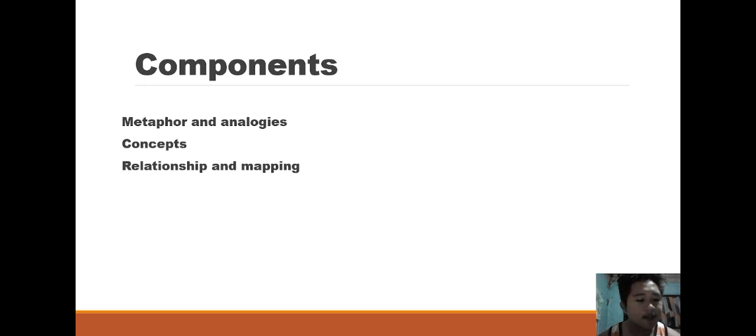The concepts: these are the ideas that people are exposed to through the product, such as task domain objects, their attributes, and operations. Relationships and mappings are the connections between the concepts.